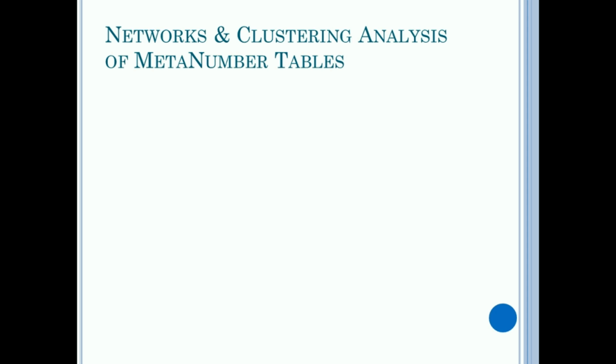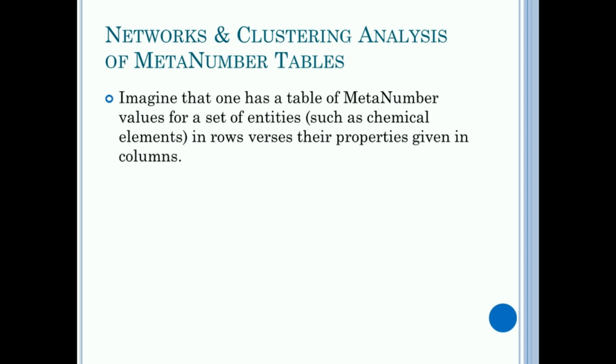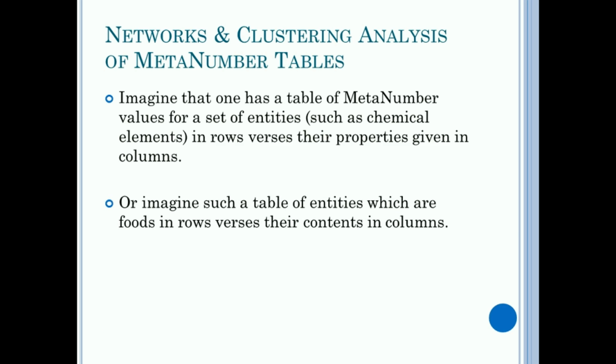I want you to consider the table of the chemical elements as an example. And think of the entities as the elements, or the rows, and the columns naming the properties of those rows or the elements. Likewise, we could imagine food names in the rows with their contents in the columns, and we're speaking here of numerical contents, the vitamins and minerals and the actual measurement of those.